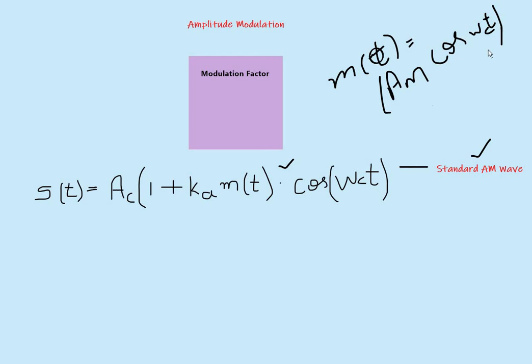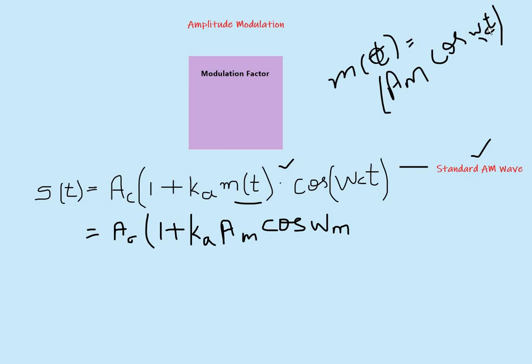Substitute this value of m of t in this equation. After substituting, you will get Ac into 1 plus ka into Am cos omega mt, whole into cos omega ct. This one is not ct, this is mt, because this is the message signal.